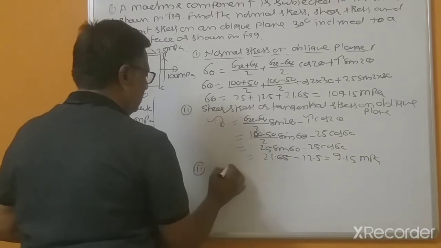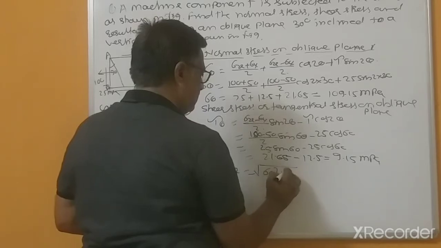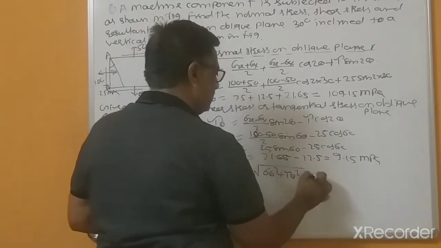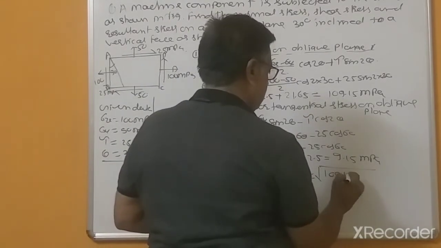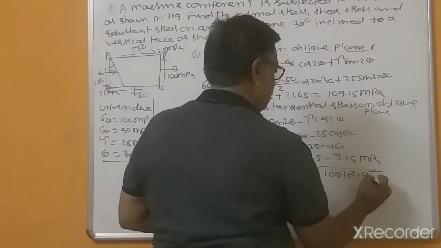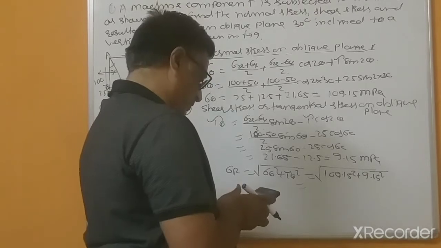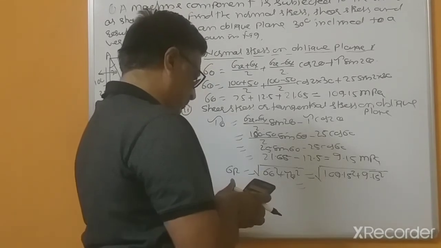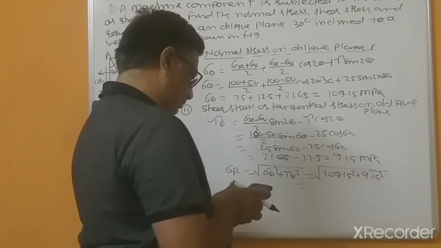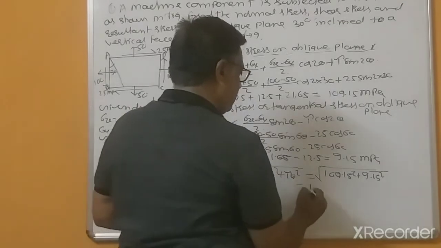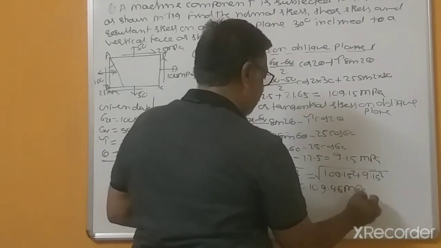That's why third, resultant stress equal to square root of sigma theta square plus tau theta square, equal to 109.48 megapascal.